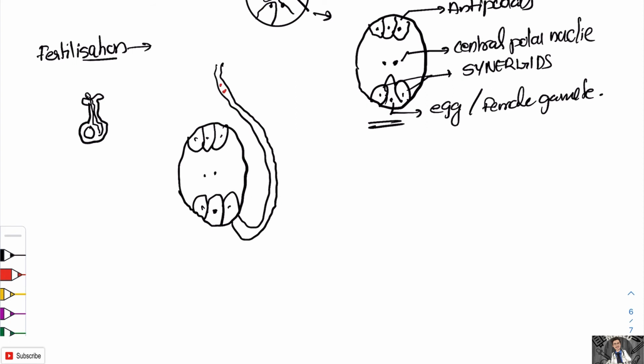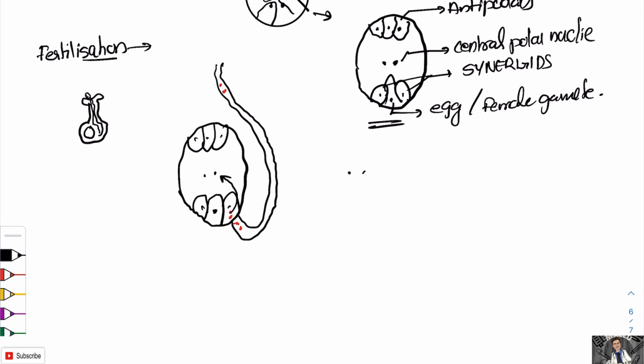So we have two male gametes coming through the pollen tube. Now upon reaching the embryo sac, these male gametes enter into the synergids, and once they enter the synergid, one of the male gametes fuses with the central polar nuclei.